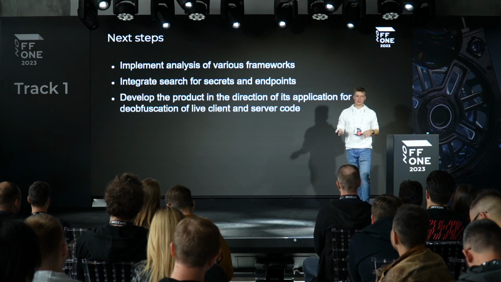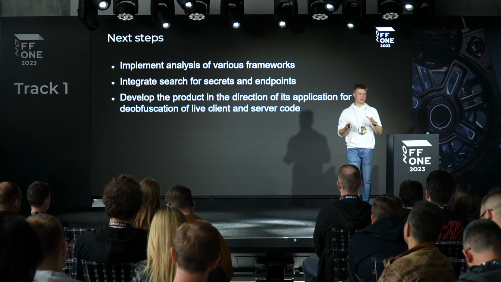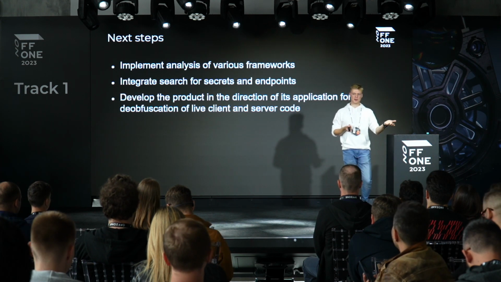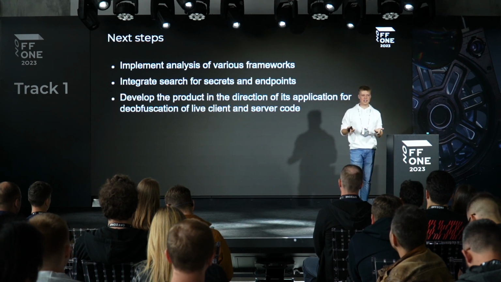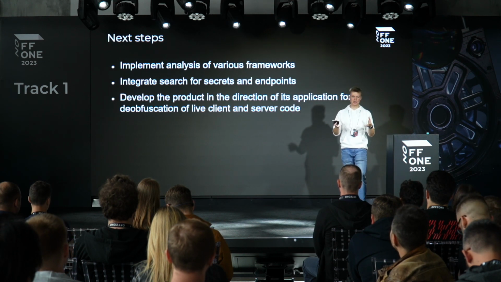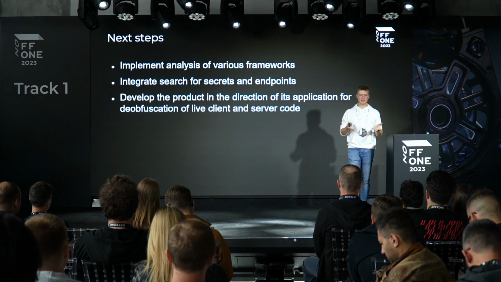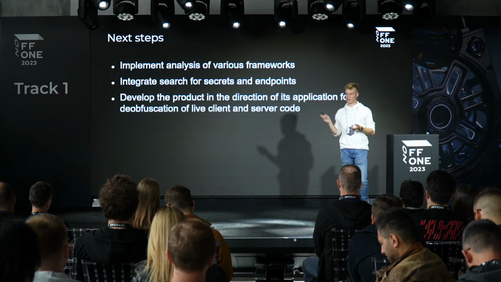And thirdly, since we analyze the code and we select which code is dead and is not used by the application, we will be able to employ this information for deobfuscation purposes.